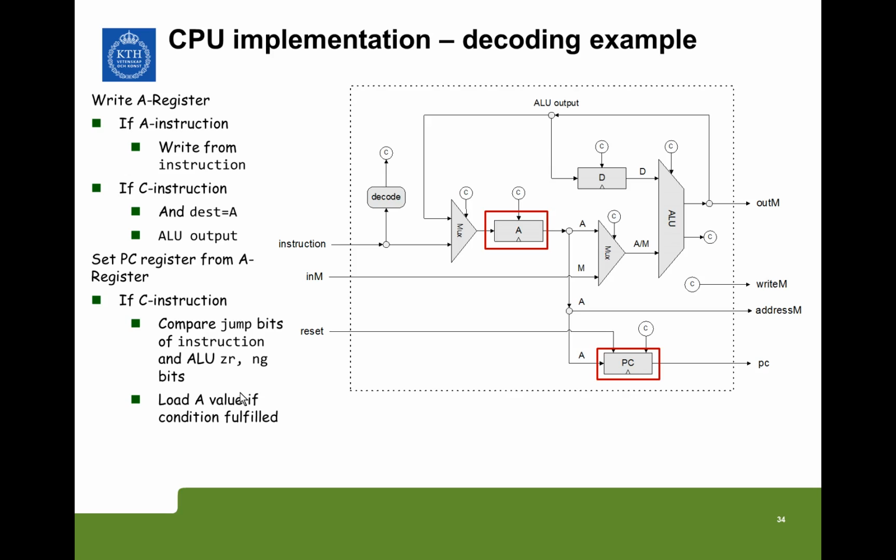If the condition is fulfilled, then the program counter has to be loaded from the A register. And so on. Similarly, if you take any small part of this diagram, you can derive how to connect the control bits.